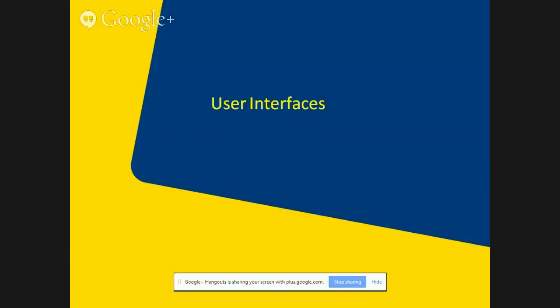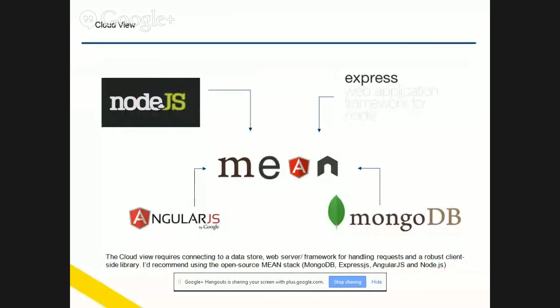And finally, we come to user interfaces. We have a lot of options available for building the user interfaces. You could use HTML plus JavaScript plus jQuery and the like, the conventional way, or you could add on some MVC frameworks like Backbone or something like that.